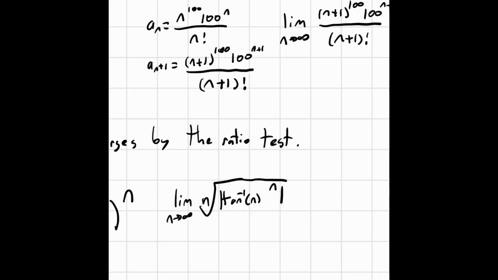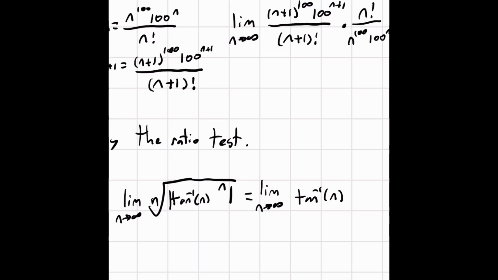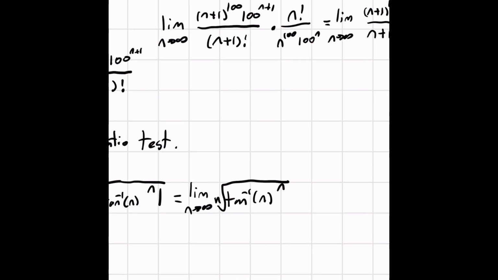But for positive numbers, tangent inverse is already going to be positive. So the limit as n goes to infinity, where we take the nth root, this nth power and nth root cancel. So the limit as n goes to infinity of tangent inverse of n.